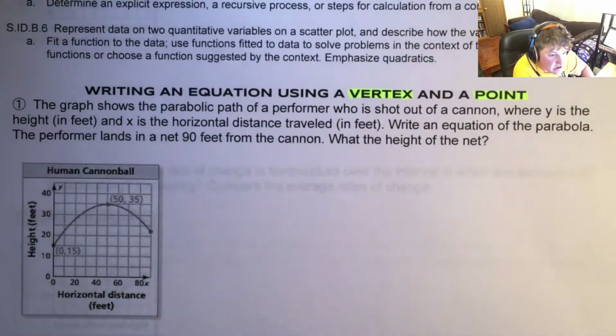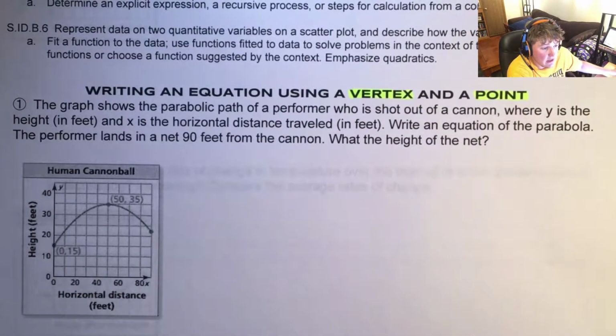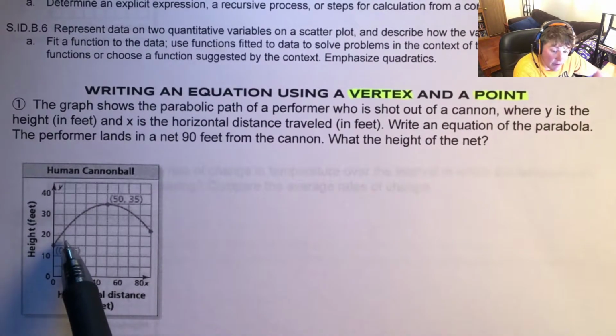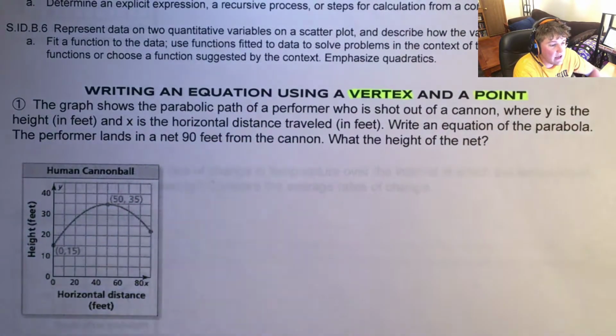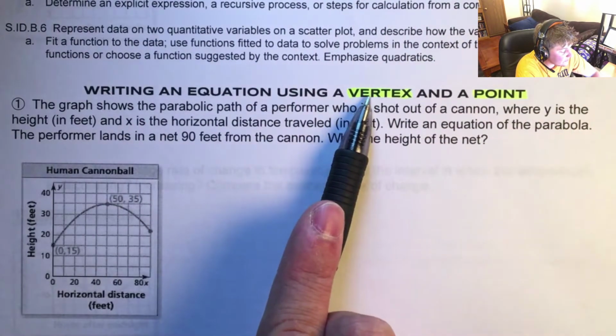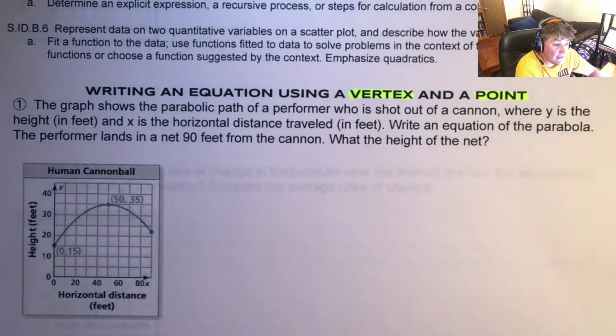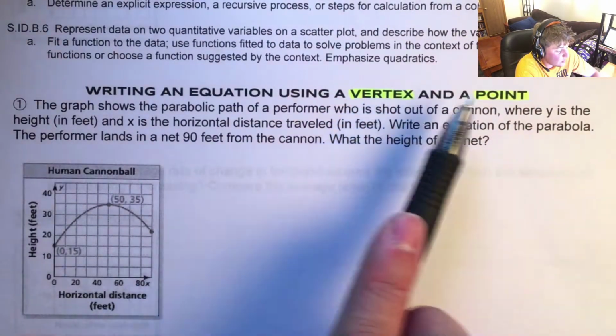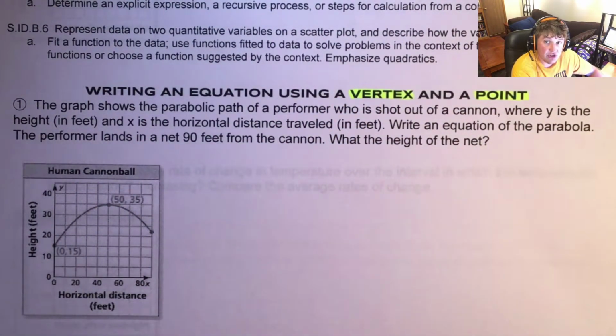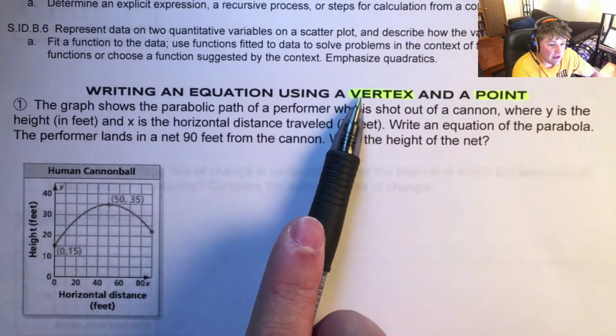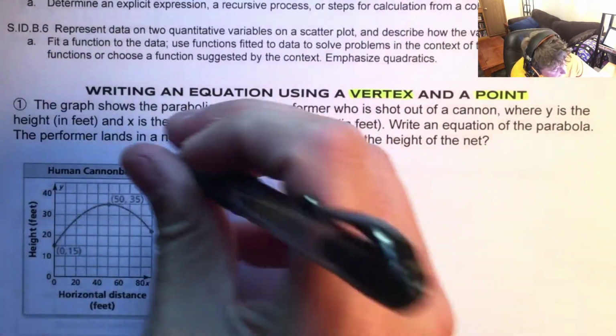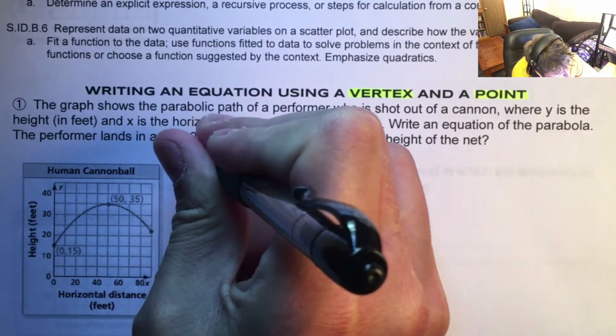Those are the two things that will help you get started: identifying on the graph, or in words, however they're presenting the information to you, that you have a vertex and a point. That is enough information to get you started. So we want to start by identifying the major pieces of information I have: a vertex and a point. Whenever you have the vertex, you're going to want to start in vertex form.